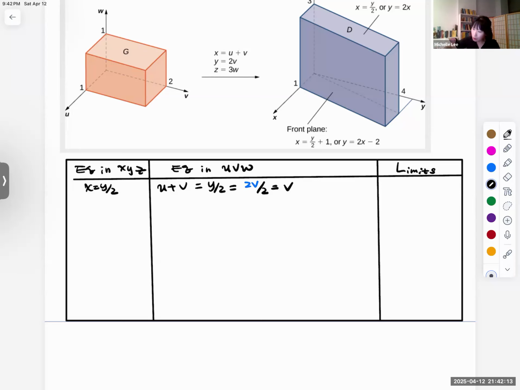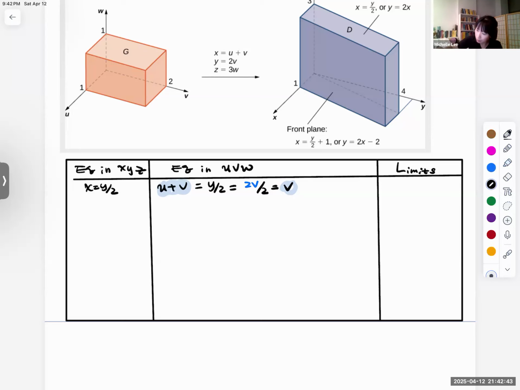Look, it's corresponding. u plus v equal to v. Then we say that u plus v equal to v, then u must be equal to 0.